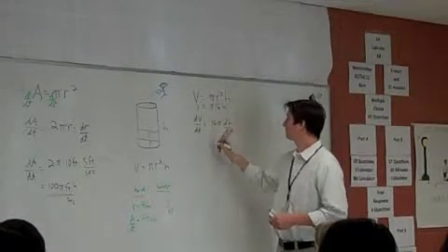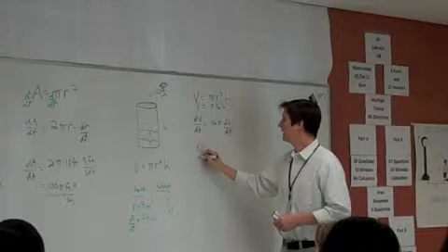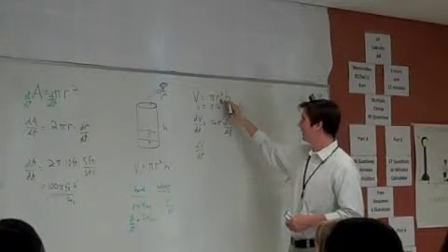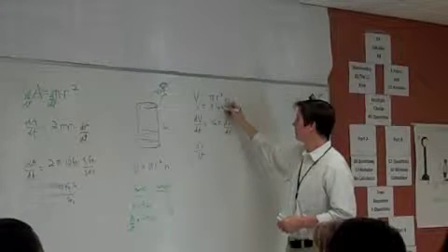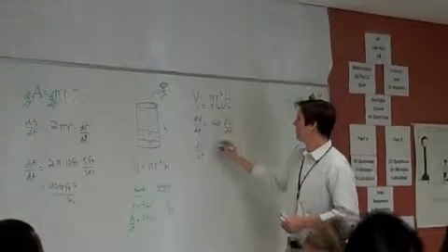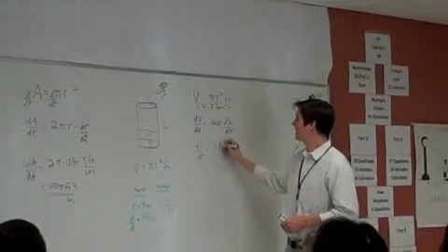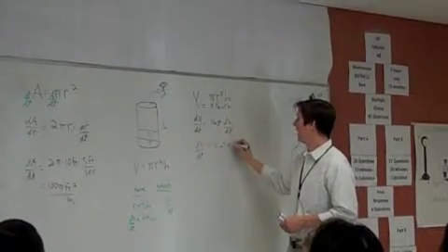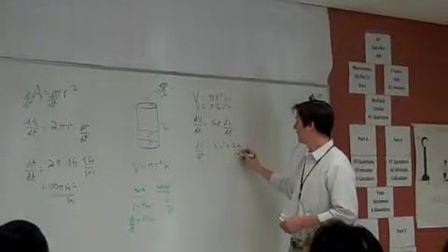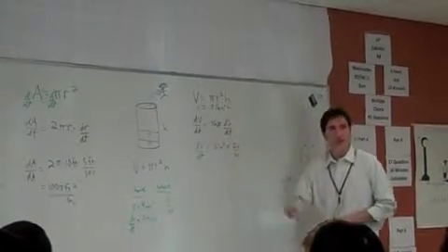What's up? dV/dt. I wanted to show you the units again. So this would be 16 inches squared times pi times 2 inches per second. And then you see the units again?